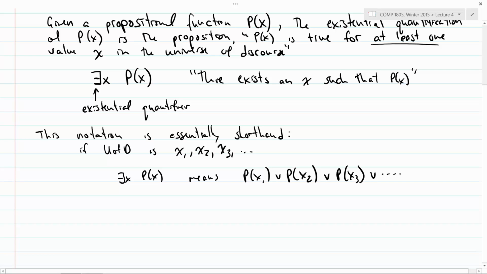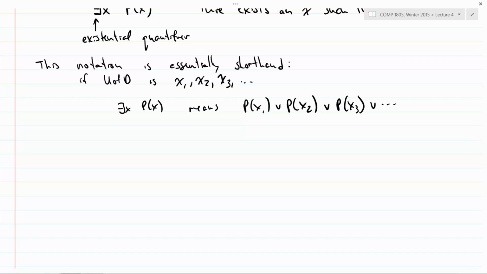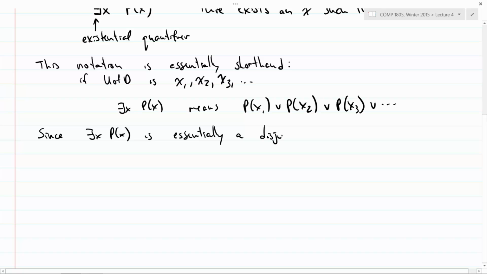So you should notice that because this quantifier is essentially a shorthand for disjunction, we know that it's going to be true as long as at least one object makes it true. And this matches up with the definition of the proposition it corresponds to, which is always nice. So since it's essentially a disjunction of many things, it's going to be true when the predicate is true for at least one object in the universe of discourse.